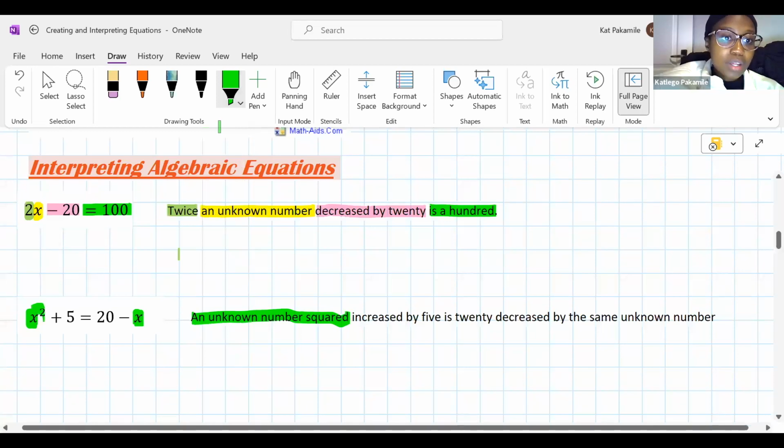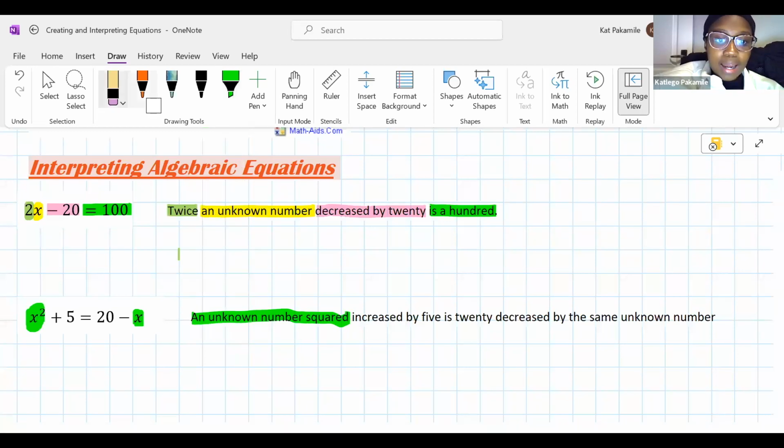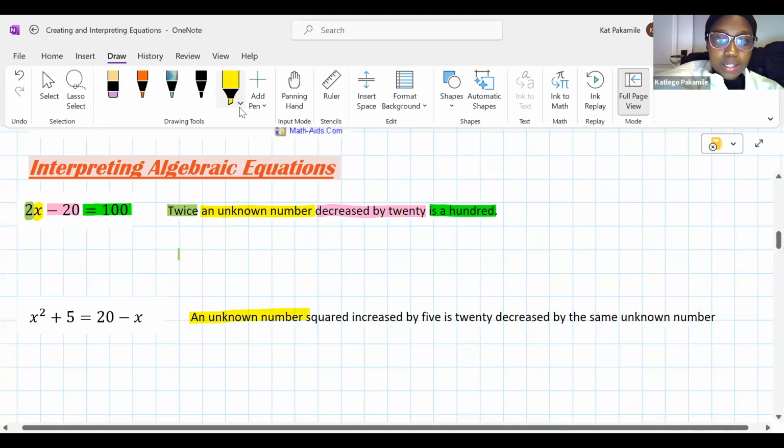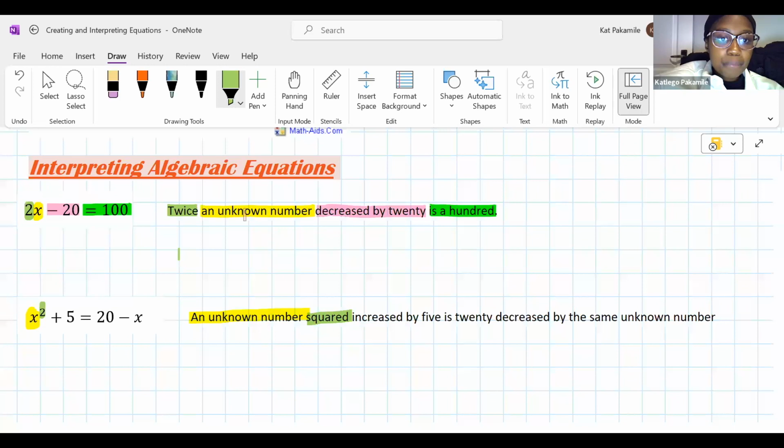Let me make our little highlights nicely. Thanks, Itumeleng. I appreciate your help. Thank you, ma'am. I'm just going to color code our sentences here. So an unknown number, X squared. Increased by 5, plus 5, is 20.